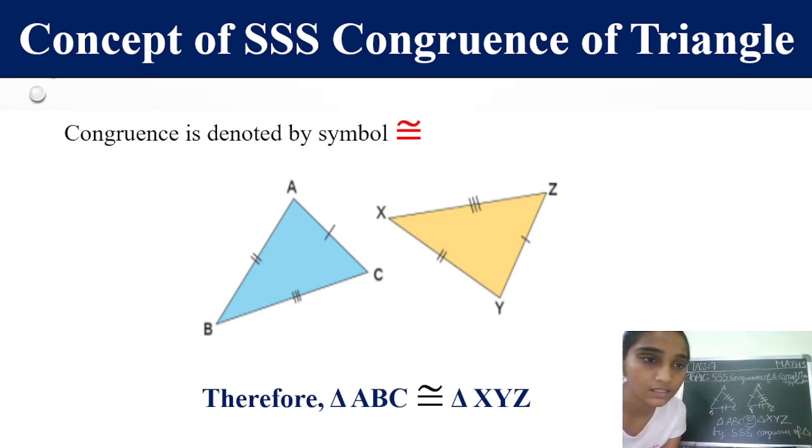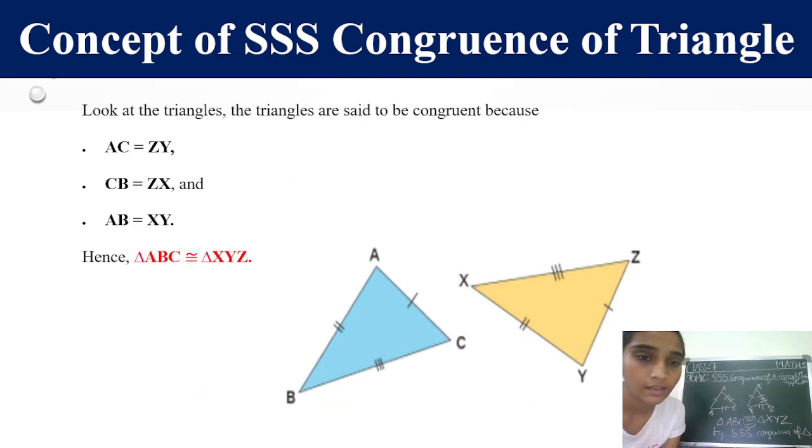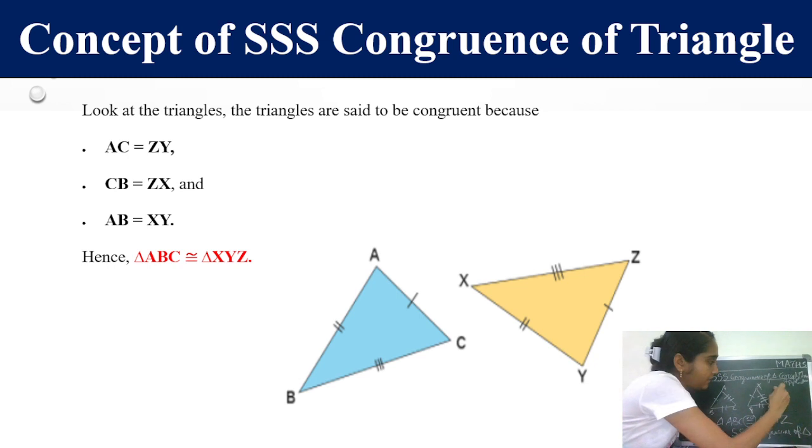So this way we can say that these follow SSS congruence of triangles. And here also, you can see it is written in words form. Look at the triangles ABC and XYZ. These two triangles are said to be congruent because the side AB is equal to XY, BC is equal to YZ, and AC is equal to XZ.